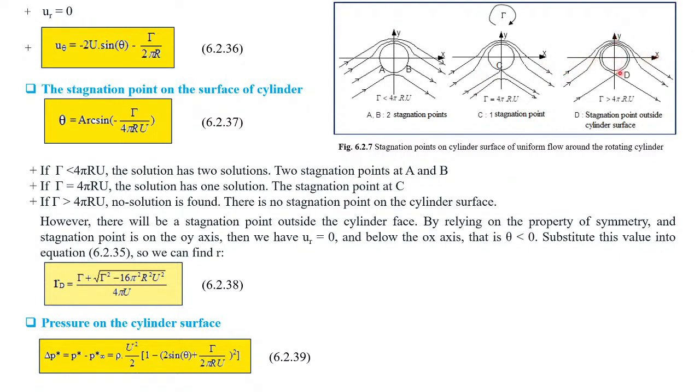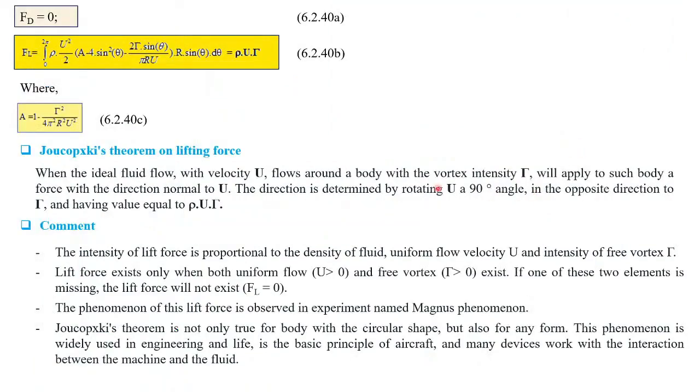That means in the y direction. Normal to U. The direction is determined by rotating U by a 90 degree angle in the opposite direction to gamma and having value equal to rho U gamma.